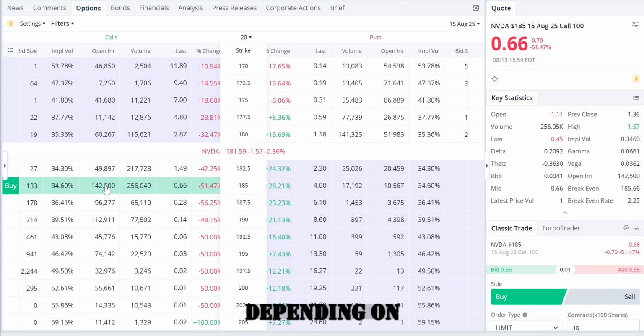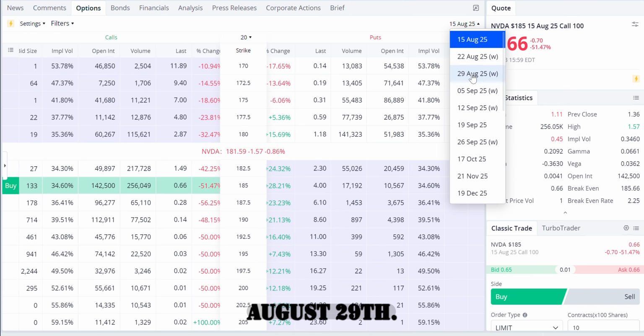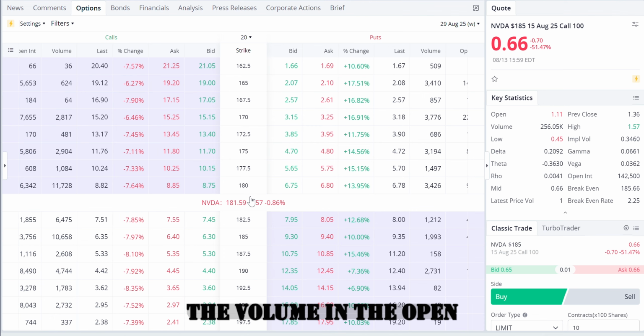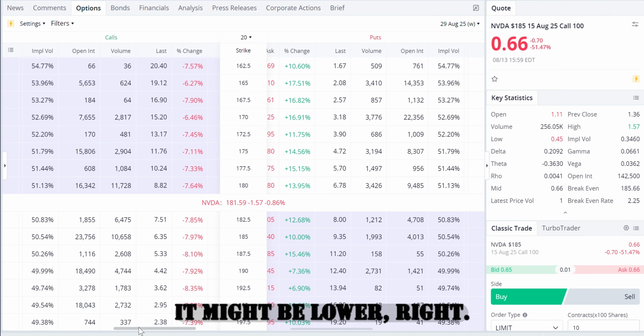Sometimes, depending on your expiration date, you might get less volume and less open interest, because it may be far out. Let's say the expiration date that we chose is August 29th, right? The volume and the open interest changes. It might be lower, right?